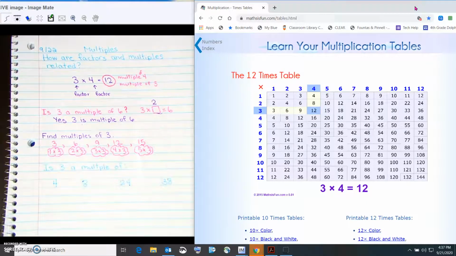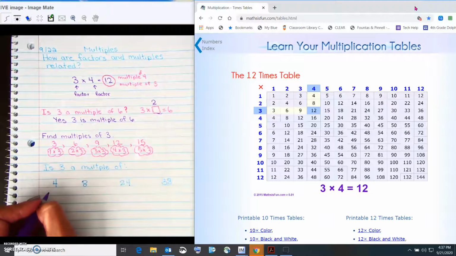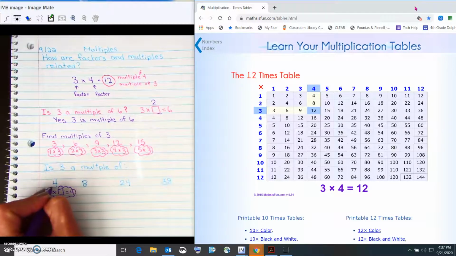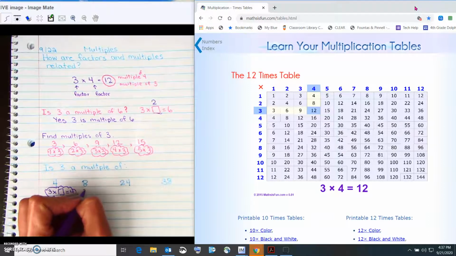All right, so our think is, is there anything times 3 that's going to give me 4? Is there anything times 3 that's going to give me 8?